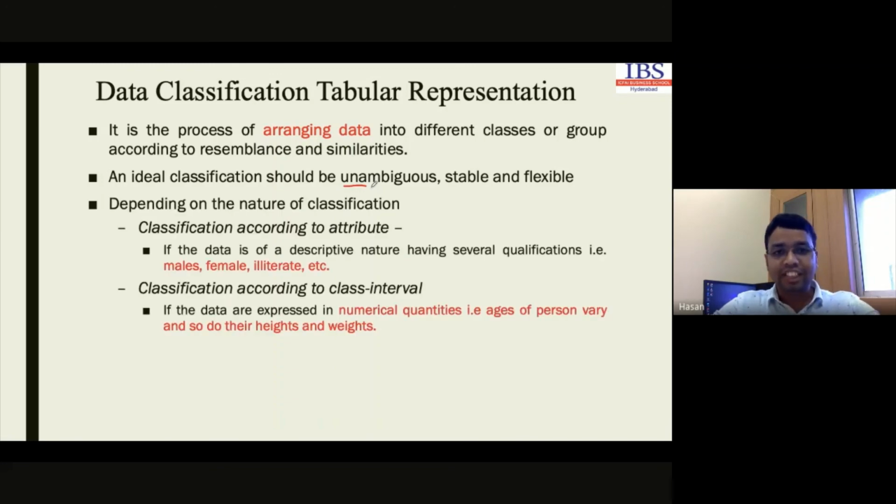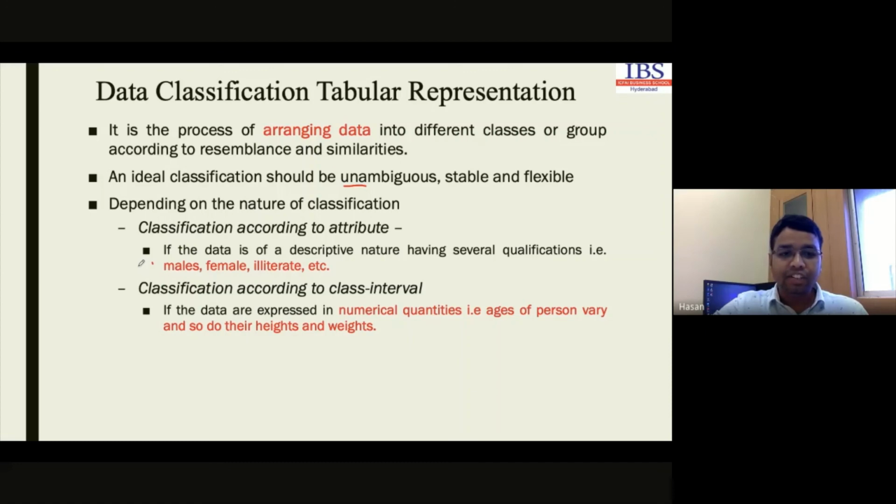When we classify the data, it may be of two categories. It may be of attributable type. Attributes are the parameters which we cannot measure directly, like male and female. The other one is class interval, used when we are able to measure the data directly.